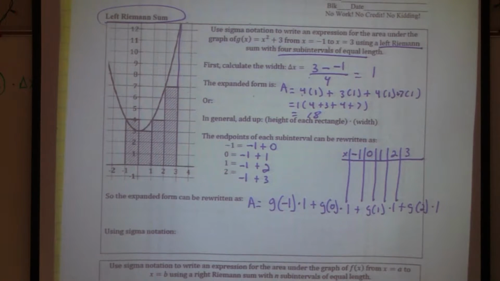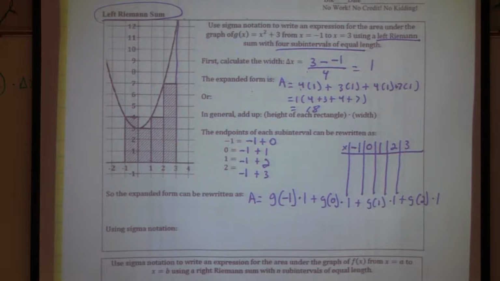You understand? So if we're doing midpoints, when we make this little table, we leave a gap in the middle. So we say negative 1, leave a gap, 0, leave a gap, 1, leave a gap, and so on and so forth. So that way you can put what you're going to actually use in the gaps. And then just pay attention to those. We'll talk about that method later.